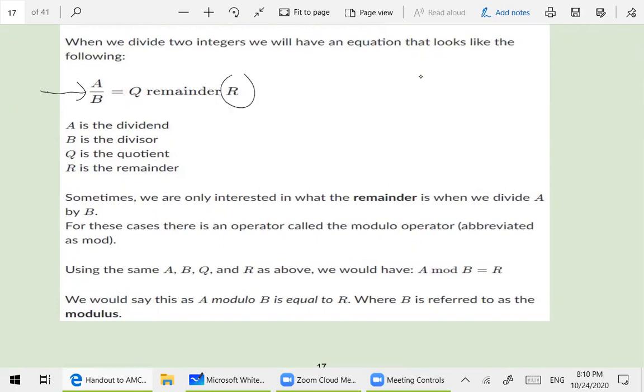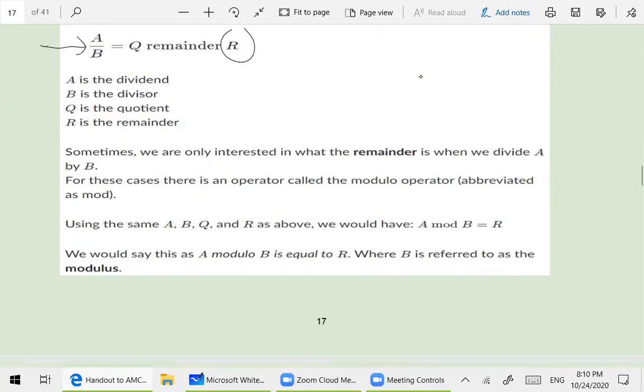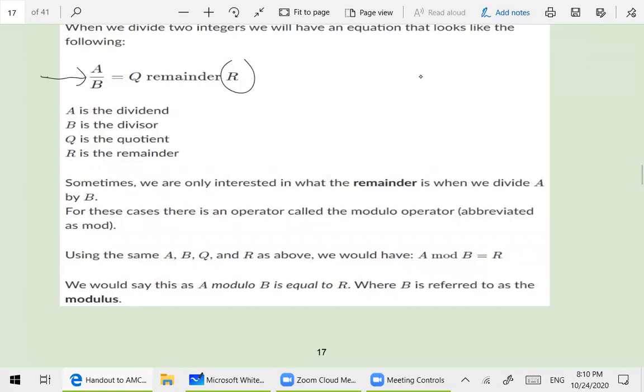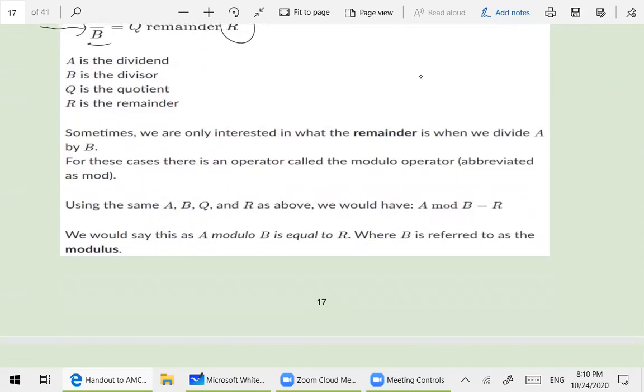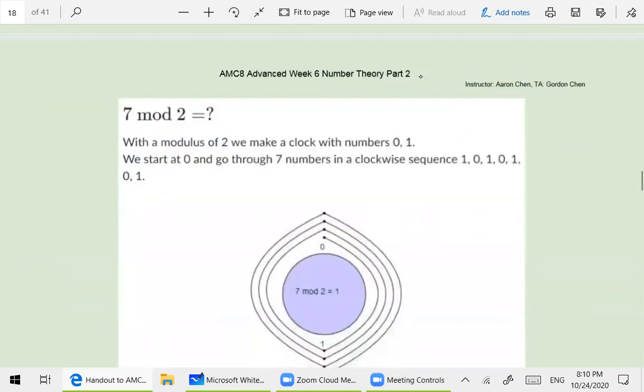Sometimes all you care about is the remainder. In that case, there's something called the modulo, often abbreviated as mod. Using these numbers, A mod B is congruent to R, where congruent is written as this.